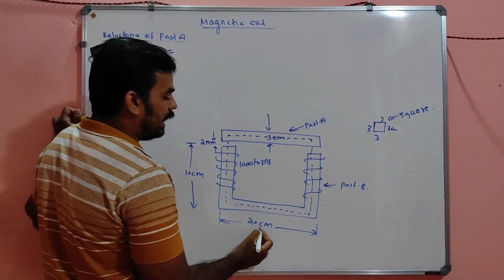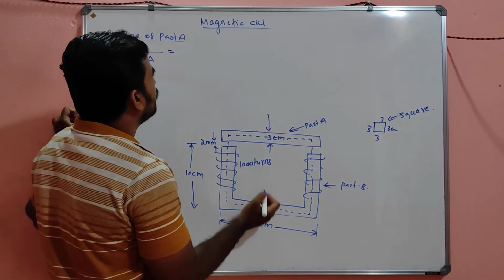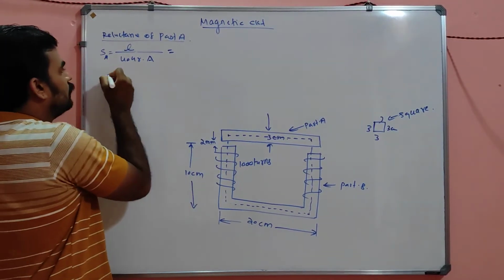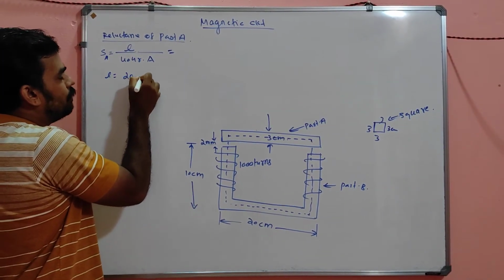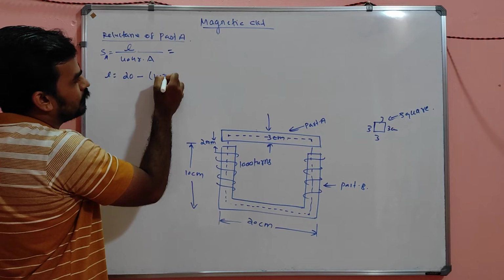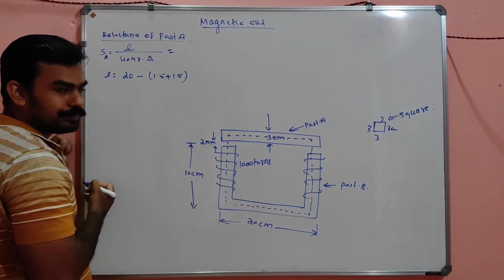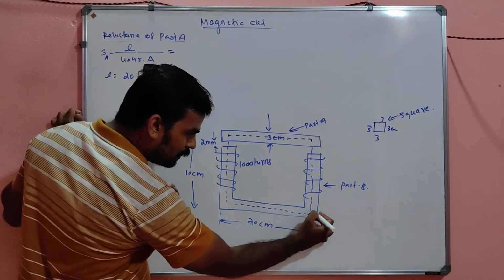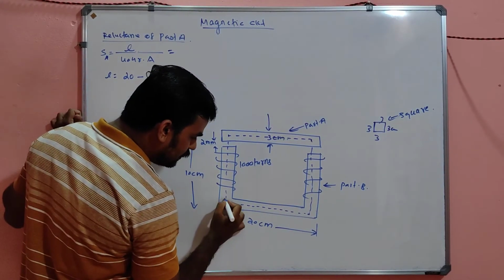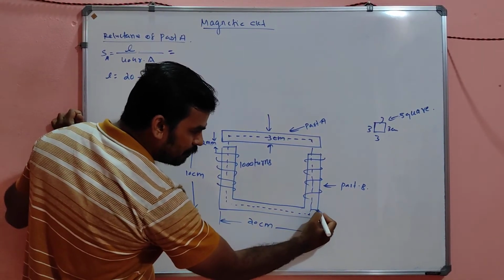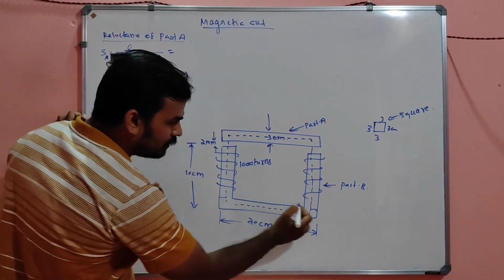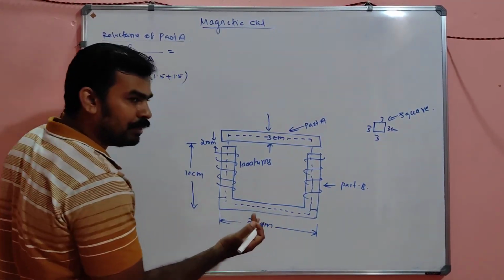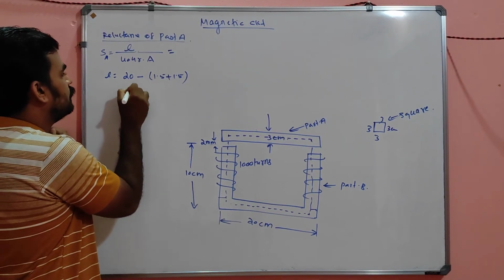So L will be 20 minus 1.5 minus 1.5, which is nothing but, my dear, 17.